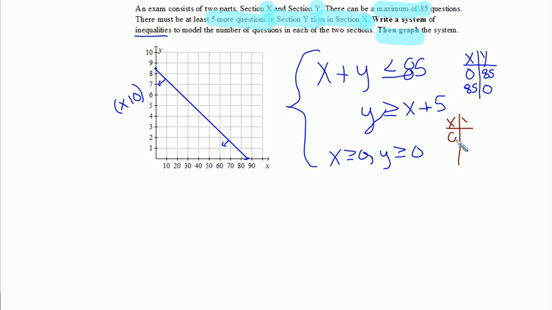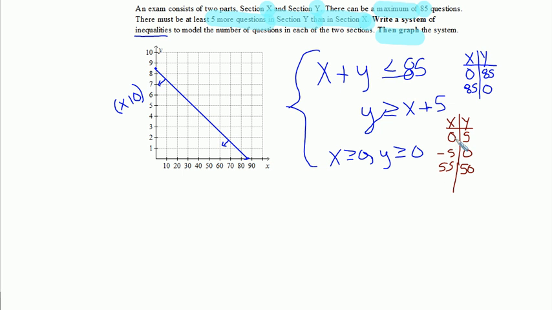If x is 0, for y to be equal, it would have to be 5. And if y is 0, x would have to be negative 5. Well, negative 5 is going to be hard to graph, so let's find another point. If x was, let's say 50, then 50 plus 5 would be 55, y would be 55.